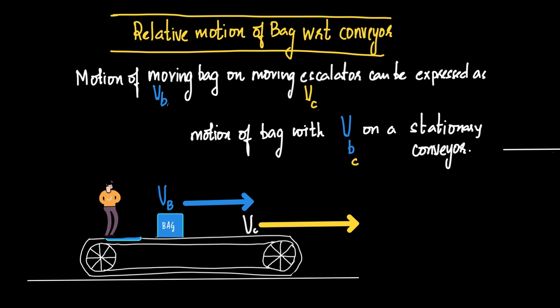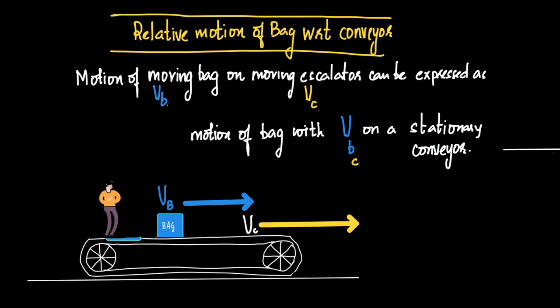So velocity of A with respect to B actually implies that it is the velocity of A when you compare with B at rest, or when you observe it from a platform at B. Here we have an observer who is observing the bag and the conveyor. Both of them are traveling at velocity vb and vc.